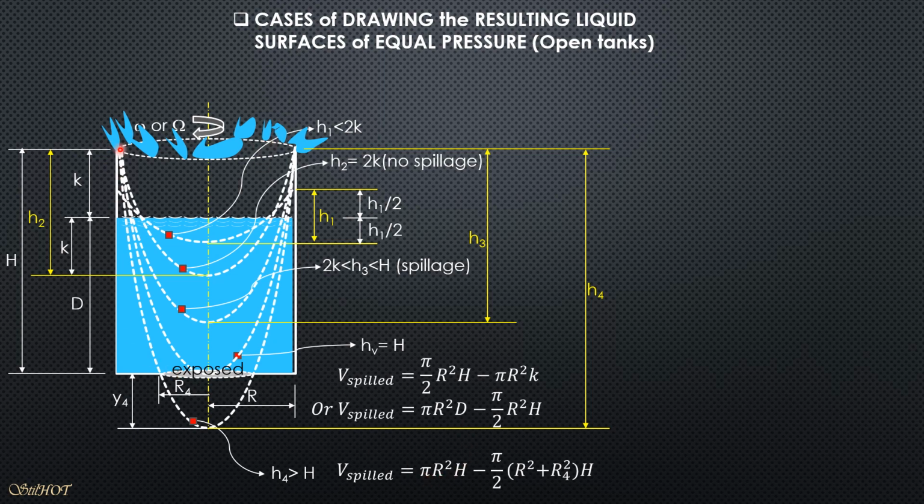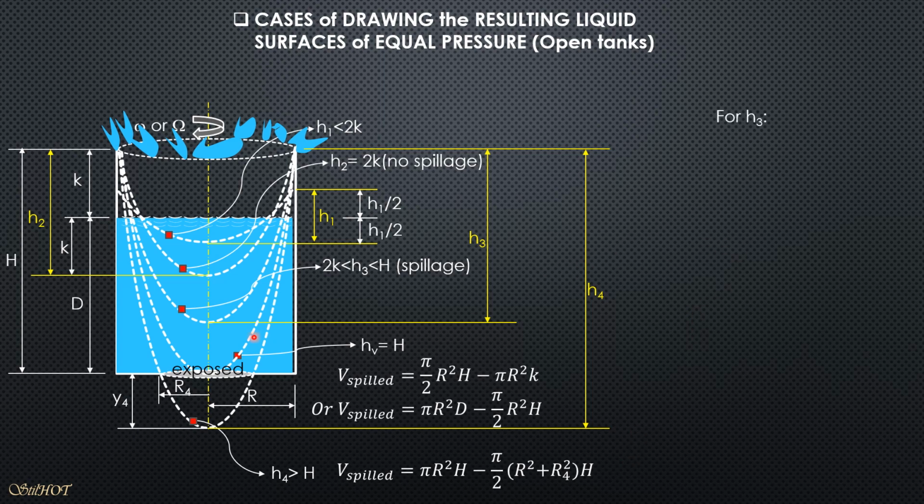The original volume of the tank is pi big R square times big H, the volume of the cylinder, minus the final volume of air, represented by this paraboloid with two bases, which is pi over 2 quantity big R square plus R4 square times big H. So that's the volume spilled.